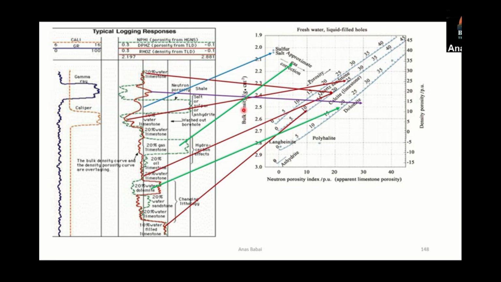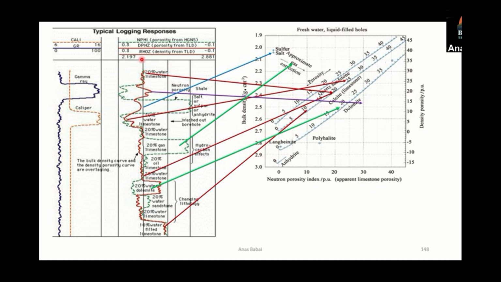So in the neutron density crossover, we have the bulk density, which is represented in this scale, neutron porosity, and density porosity. So let us take 2 or 3 examples from here. From minus 0.1 to 0.3, so that means this line is our 0 line. This is 0.1, this is 0.2, and this is 0.3.